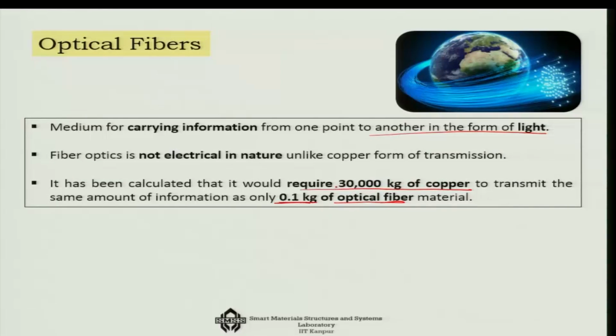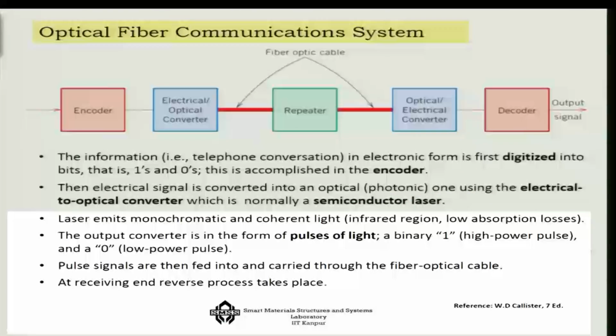Hence see how green our world has become because of optical fibers, where each 1/10 kg of optical fiber can substitute 30,000 kg of copper. That is one of the biggest contributions of optical fibers.